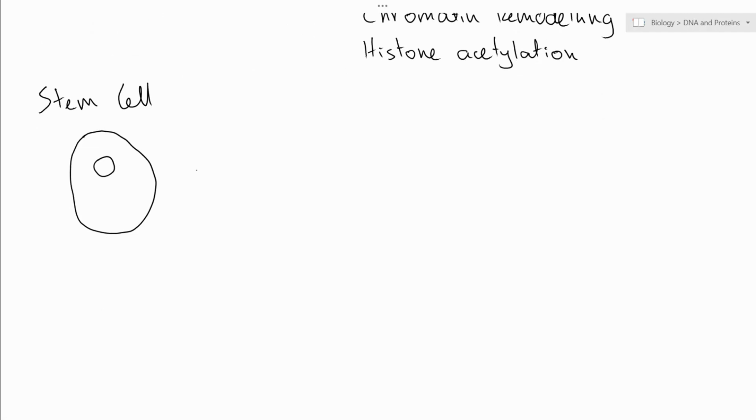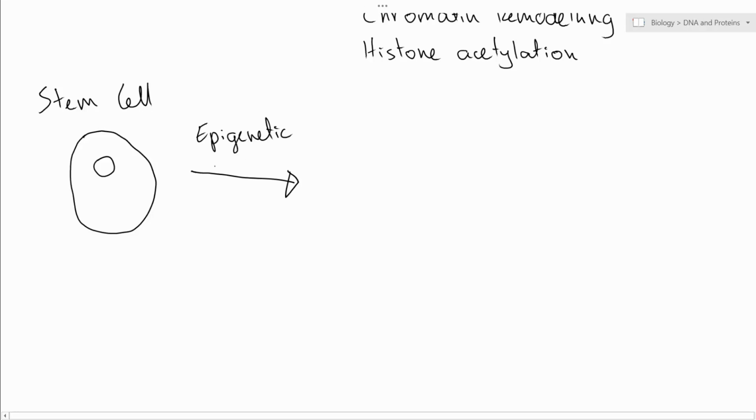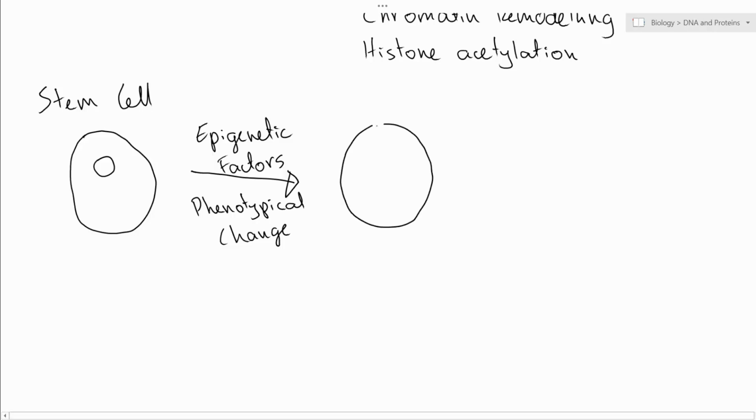So if we have a stem cell, what's going to occur is epigenetic factors, like histone acetylation and DNA methylation, are going to lead to phenotypical change because of particular genes being expressed or silenced. Let's say that this stem cell, because of these epigenetic factors, looks the same, but let's say that this was a liver cell.